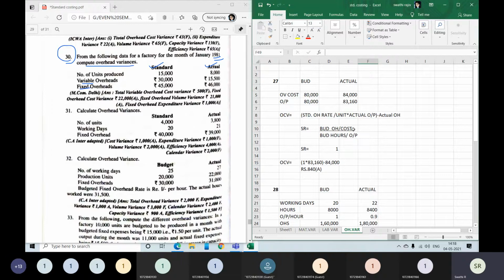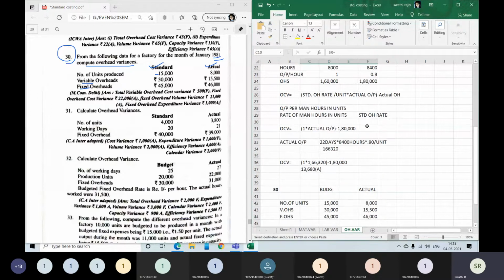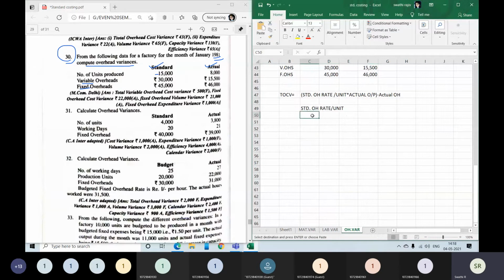Budgeted overheads divided by budgeted hours is not possible here, so we will use budgeted output. First I'll write this, and copy the formula. For us it is budgeted overheads divided by budgeted output.